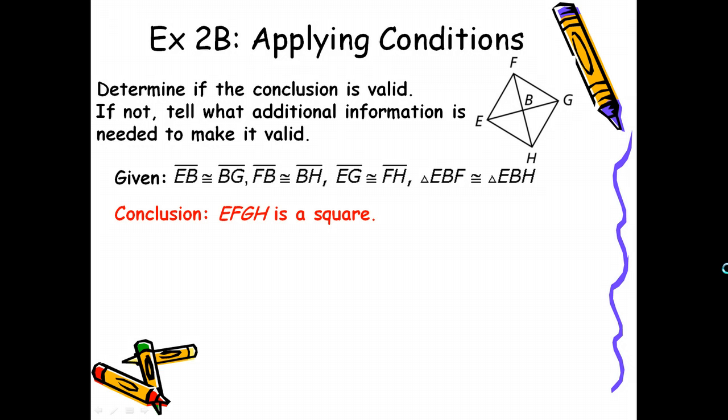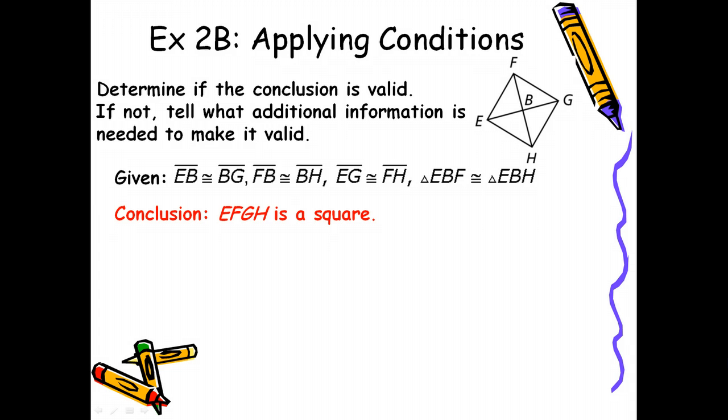So we can't say for sure that it's a rhombus. Again, we want to determine if the conclusion is valid, and if not, tell what additional information is needed to make it valid. So we have another quadrilateral, EFGH, and we are told that EB and BG are congruent, FB and BH are congruent, EG is congruent to FH, and that triangles EBF and EBH are congruent.